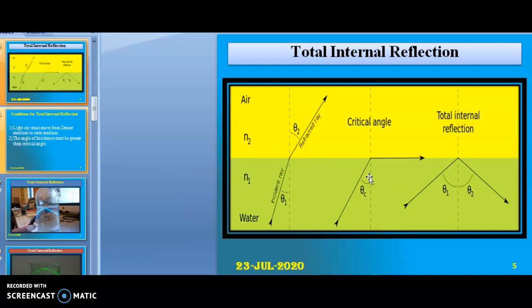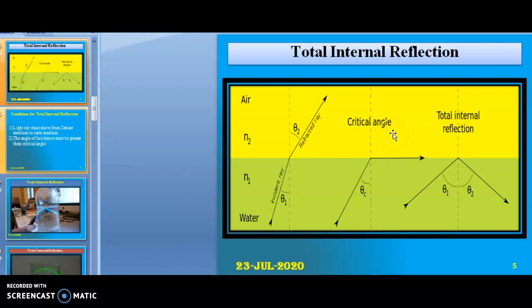Now come to the second diagram. Here the refracted ray is traveling along the boundary separating the two media. So here the angle of refraction is now 90 degrees.